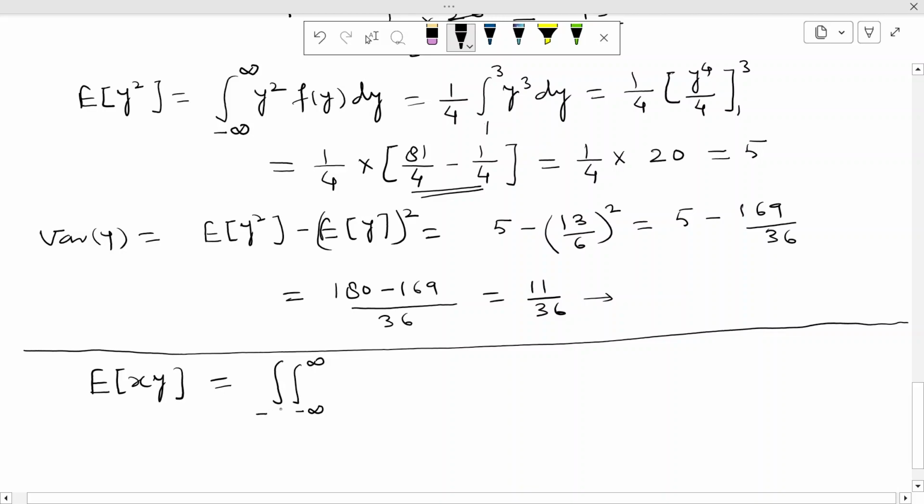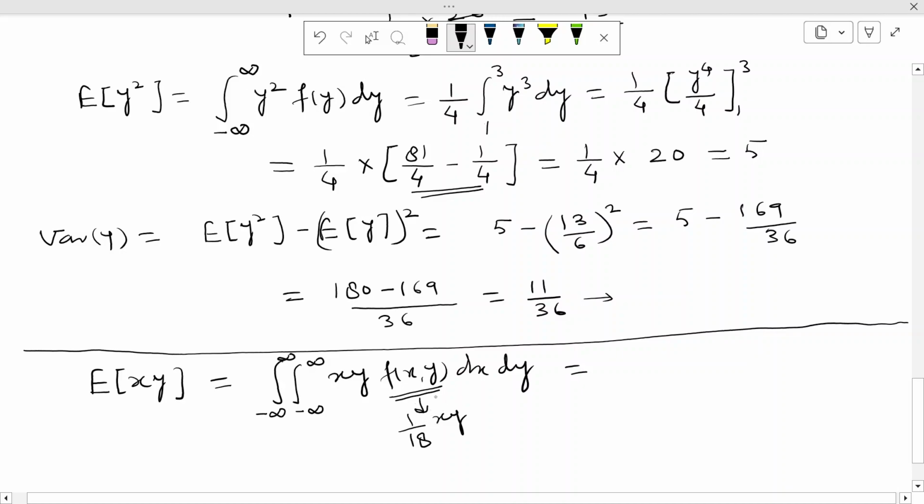So this will be minus infinity to plus infinity of xy f(x,y) dx dy. Now our f(x,y) is kxy, initially it is given as kxy. Now as we obtained initially, the value of k is 1 by 18.